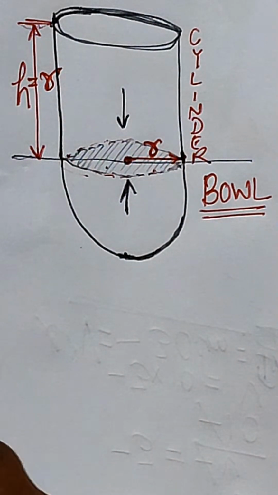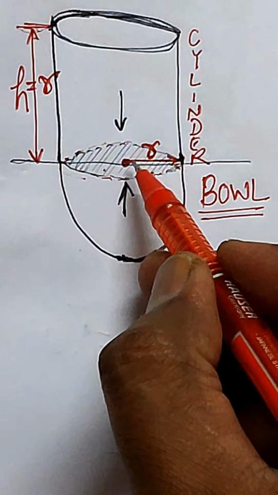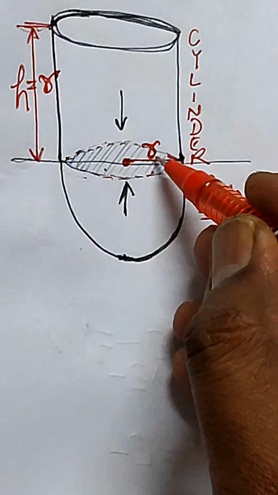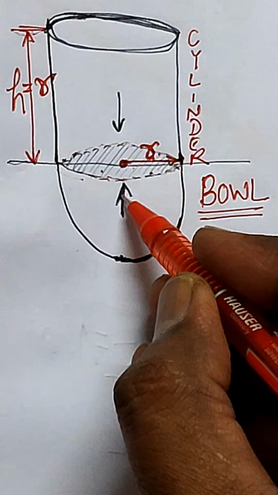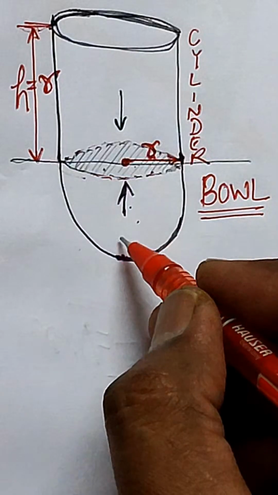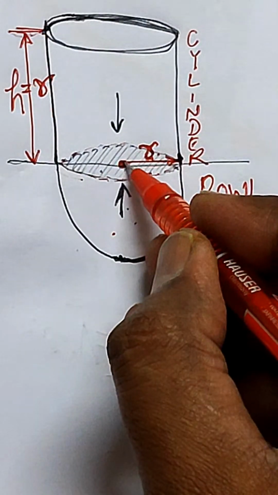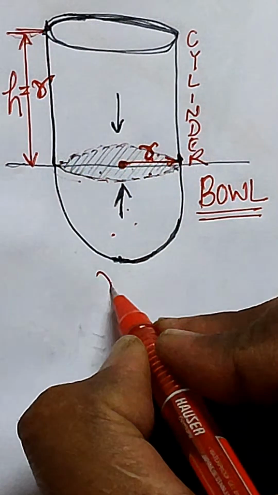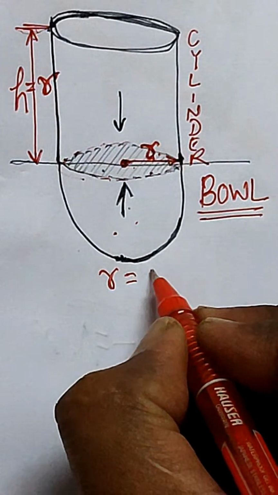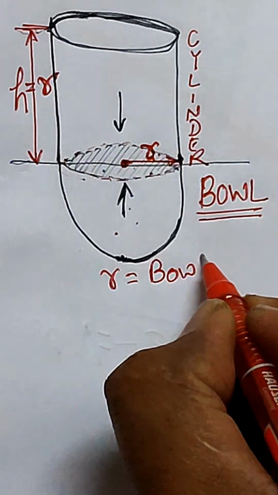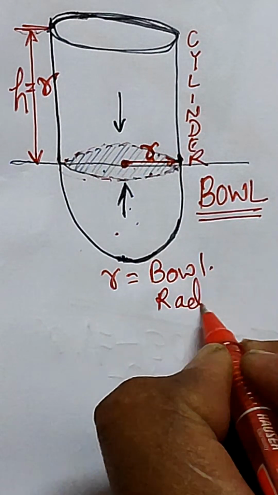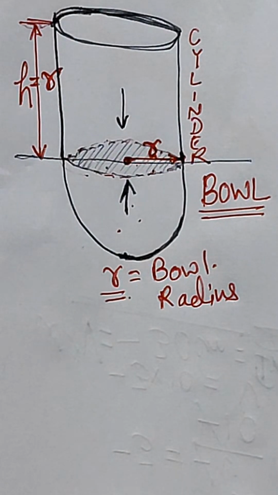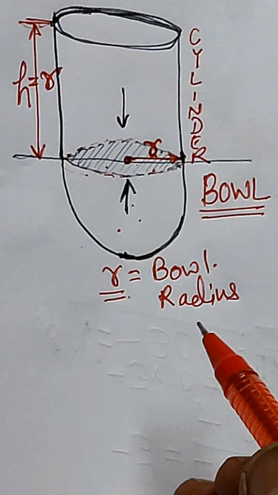Now if this is matched, then definitely the radius of the cylinder will be r. If this is r, then this r is also the radius of this bowl. So the radius of the bowl is also equal to r.